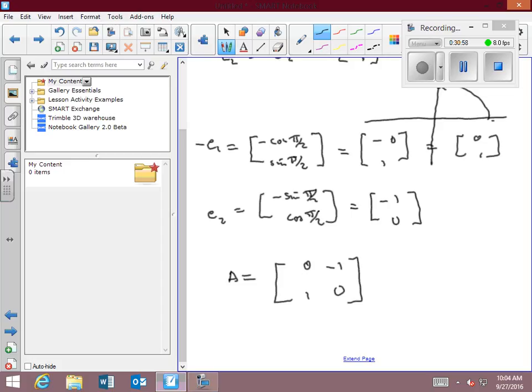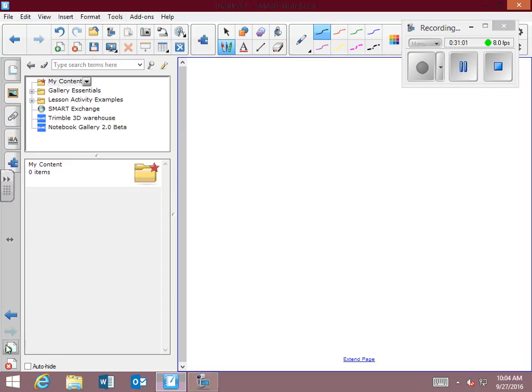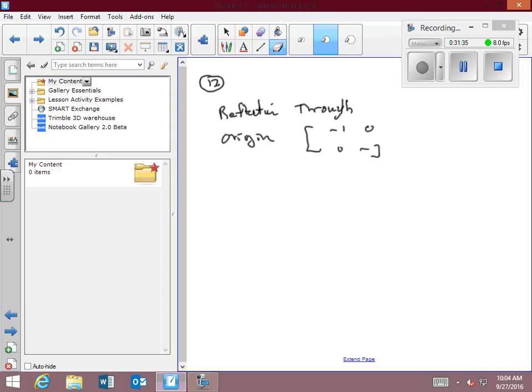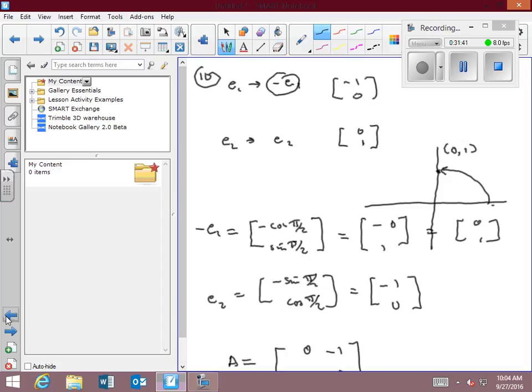And notice that when you do 12, if you look at the rotation on page 74, that reflection through the origin is the matrix minus 1, 0, 0, minus 1. If I did that right, that should be the same.